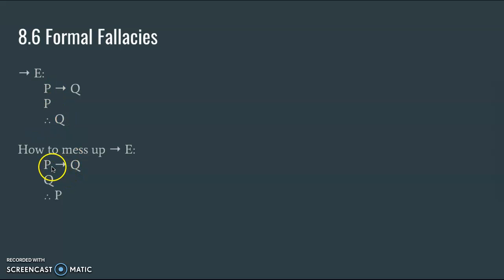In this messed up version, the invalid version, you have a conditional, and then you have the consequent, and from that, you try and infer the antecedent. That does not work. That is the fallacy of affirming the consequent. See, you're affirming the consequent.